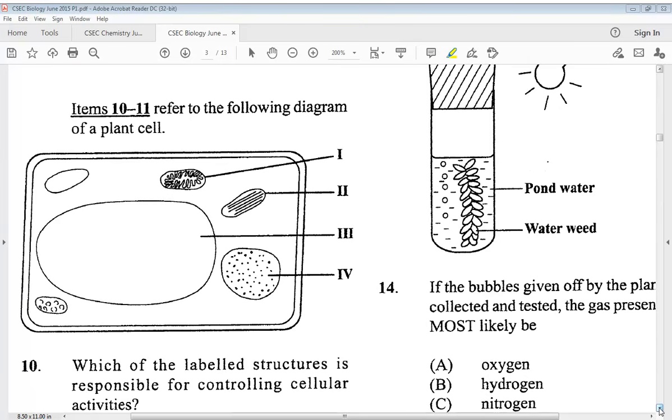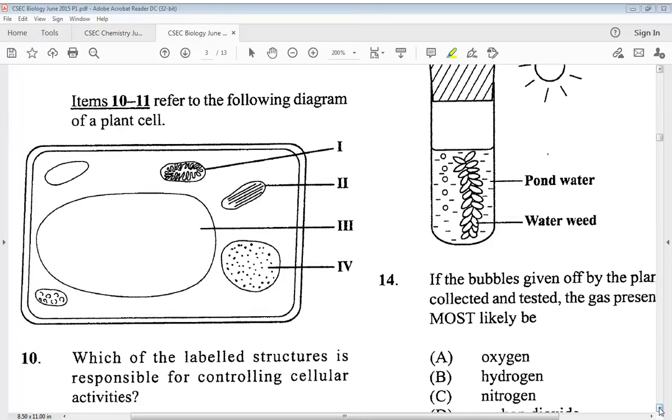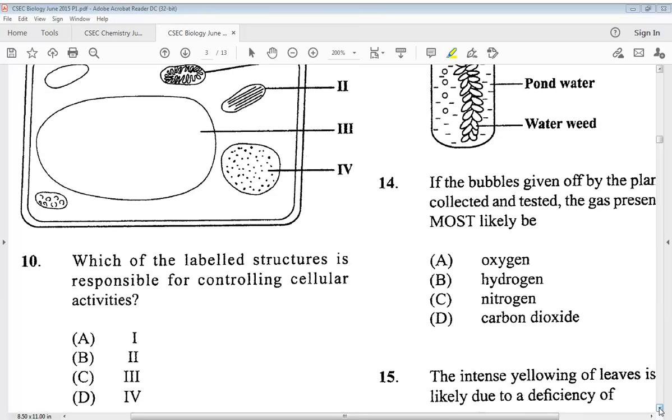Let's go on to number 10. Items 10 to 11 refer to the following diagram of a plant cell, and it has 4 parts to be labeled. 10 says, which of the labeled structures is responsible for controlling cellular activities? The answer is D, 4.